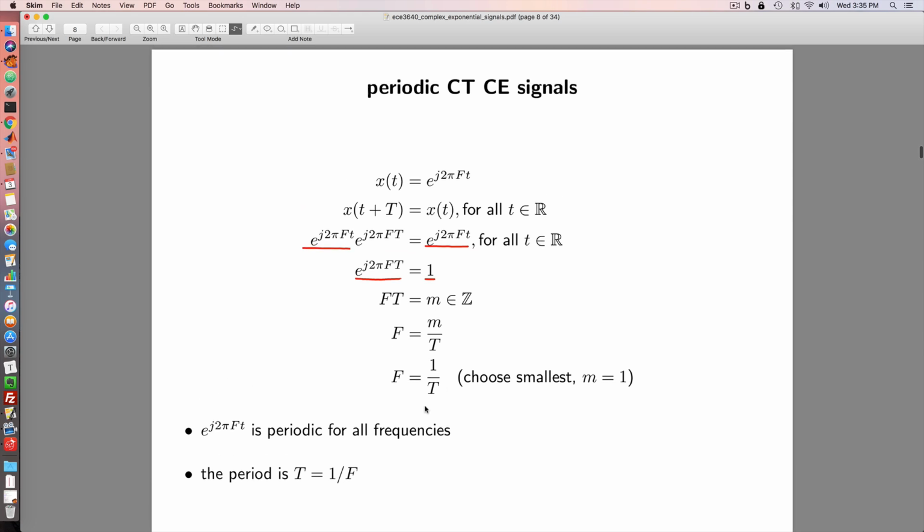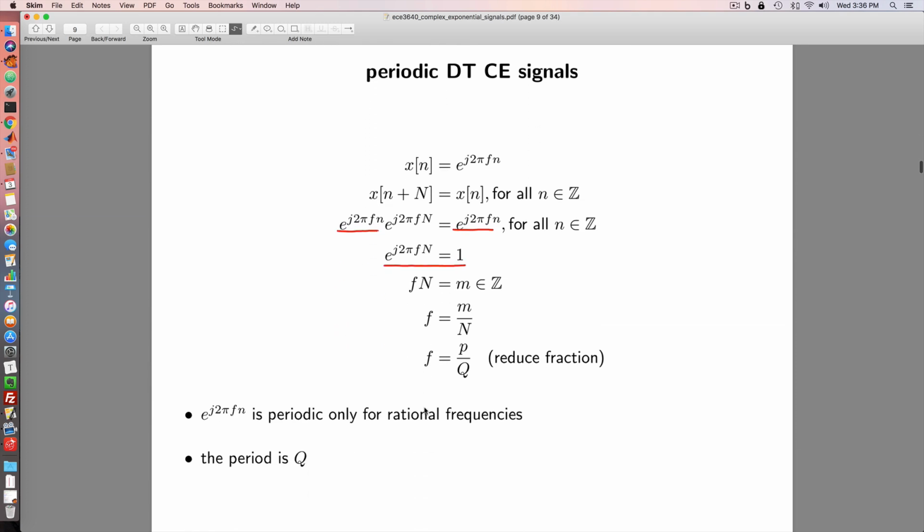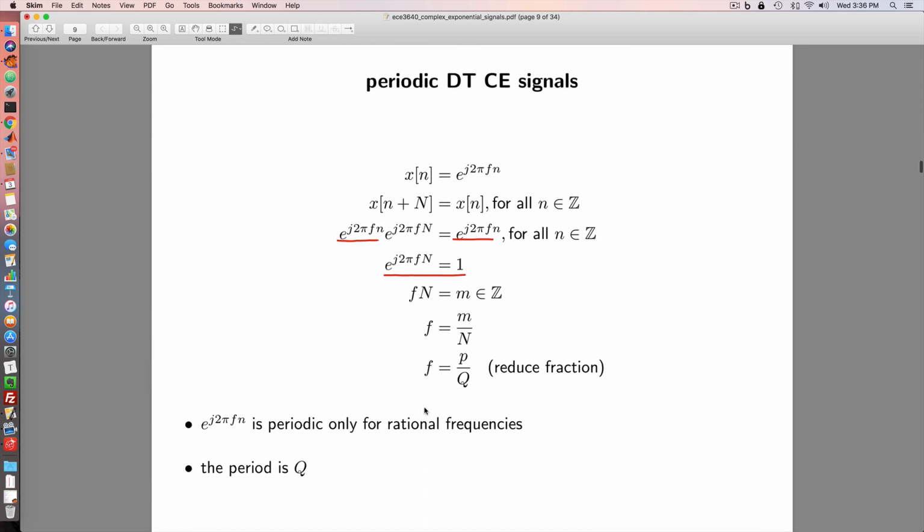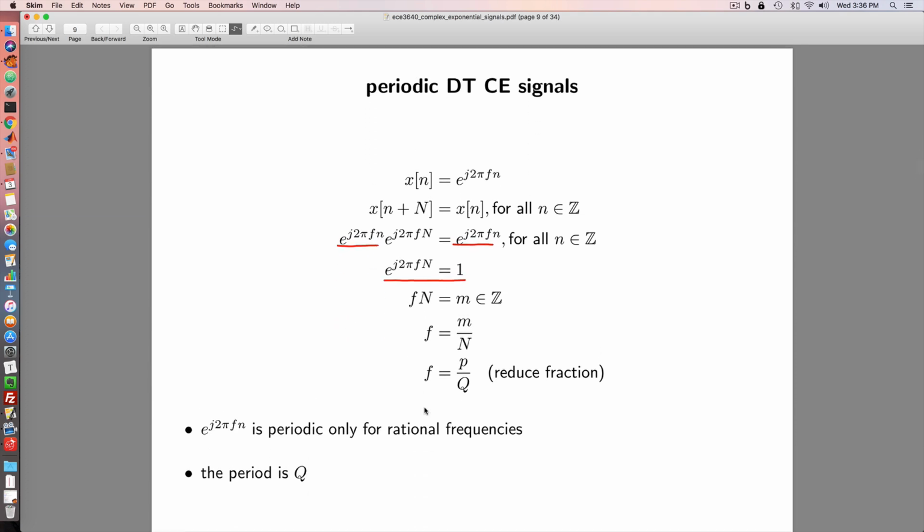We'll look at some examples and see what's going on here, but to contrast that with what we saw in the continuous time case: in continuous time, complex exponentials are always periodic, and the period is the reciprocal of the frequency. In discrete time, that's not the case. Complex exponentials in discrete time are periodic if and only if the frequency is a rational number, and the period is the denominator in that ratio.